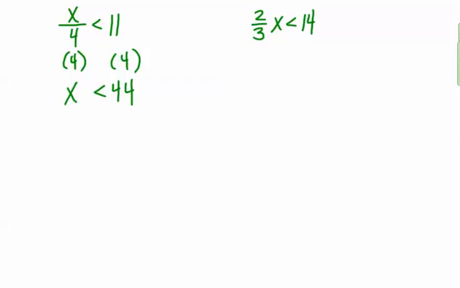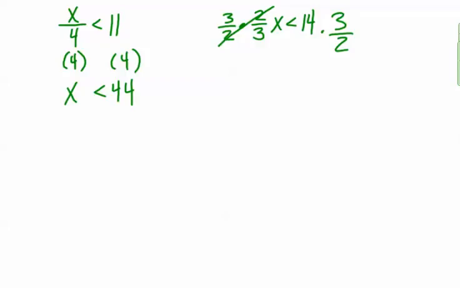Now let's look at how to solve this second inequality. We know from the very beginning that the inequality sign will not change because there is no negative with the x. So we've got 2/3 times x is less than 14. One way to solve using inverses would be to multiply by the reciprocal. This is probably the easiest way. So on the left-hand side, when you multiply reciprocals, you get 1.